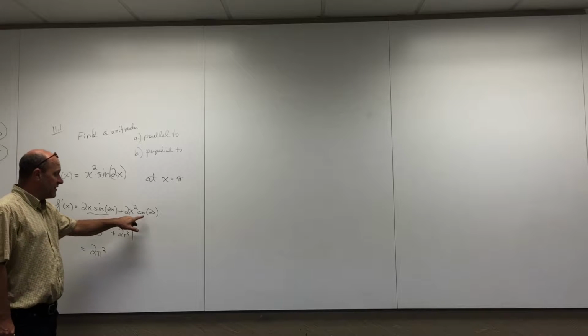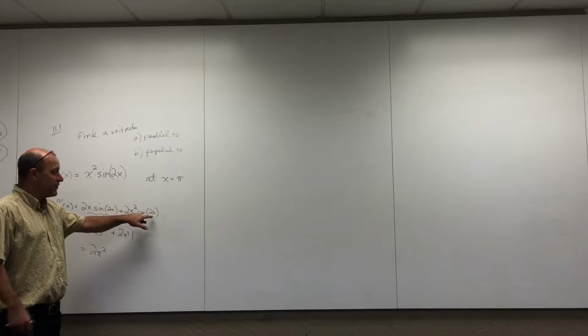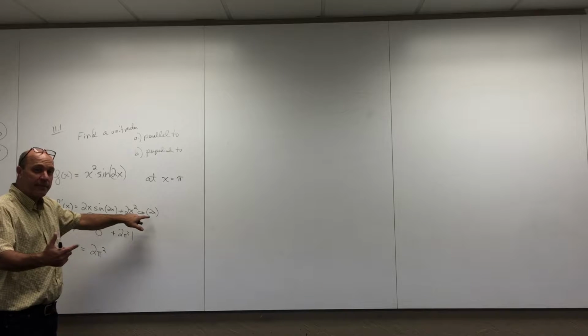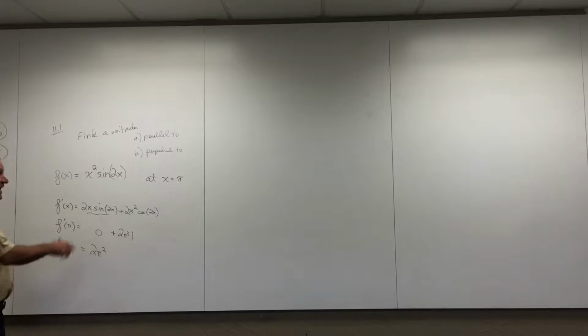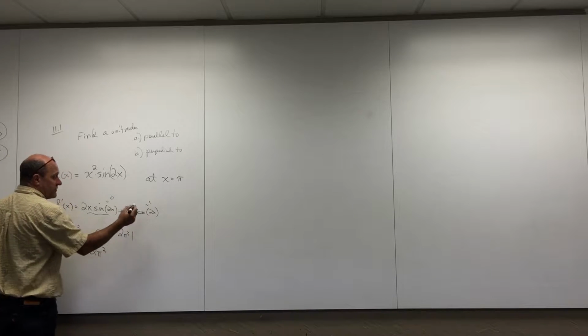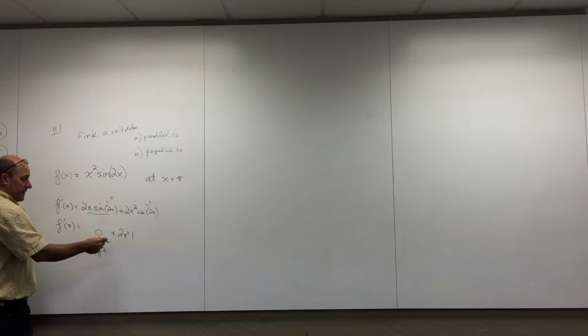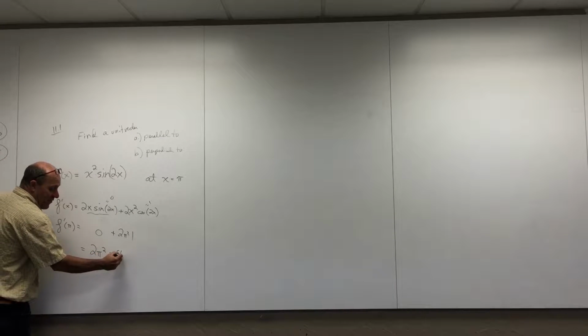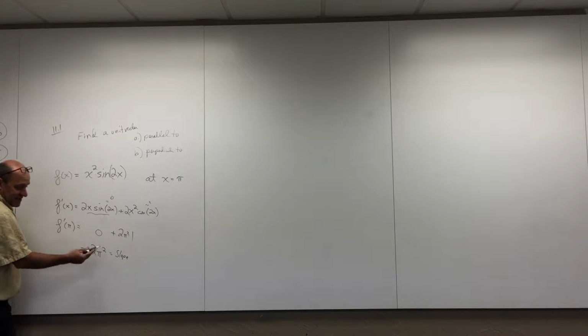The same goes for the cosine of 2 pi, because the sine of 2 pi was 0 and the cosine of 2 pi was 1. It was that simple. I still got a little weirdness because I got this pi. 2 pi squared, that's my slope. If I want to keep it exact, I'll just leave it like that.